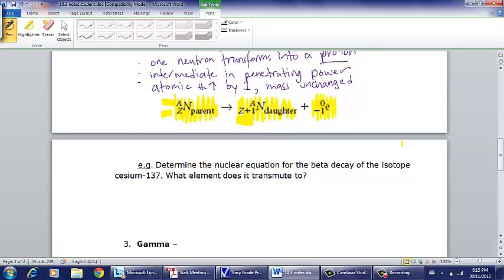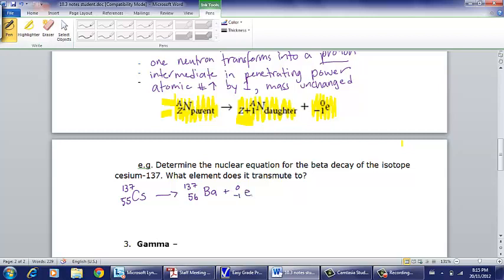An example is if you were going to determine the nuclear equation for the beta decay of the isotope cesium-137. Looking up on the periodic table, the atomic number here is 55. It's going to change into, so our mass stays the same, 137, and our atomic number increases by 1, 56. We look up what that is, barium, and we emit a beta particle.